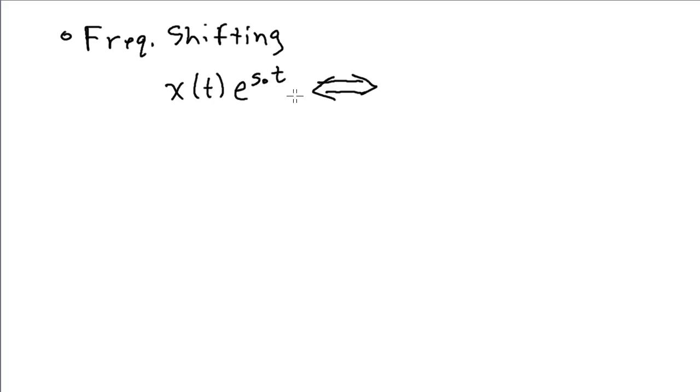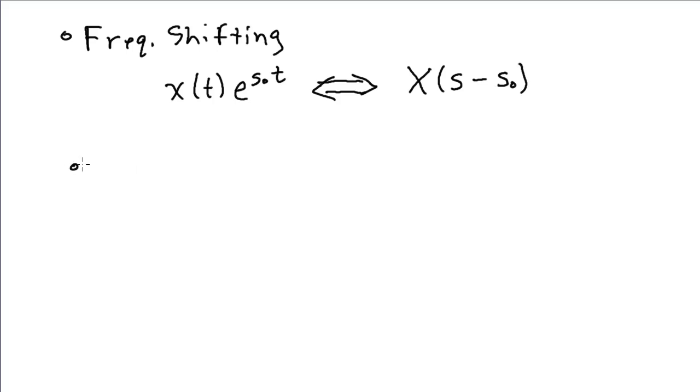Similarly, multiplying in the time domain by an exponential leads to a shift of the Laplace transform in the s domain. So this is the frequency shifting property, also called time modulation.